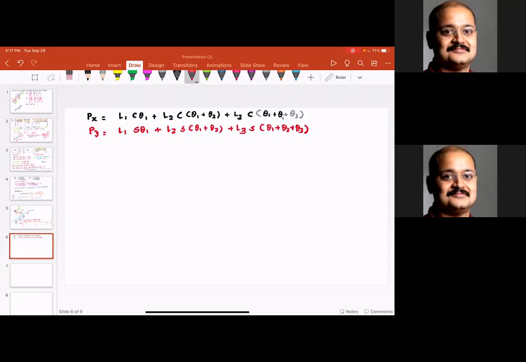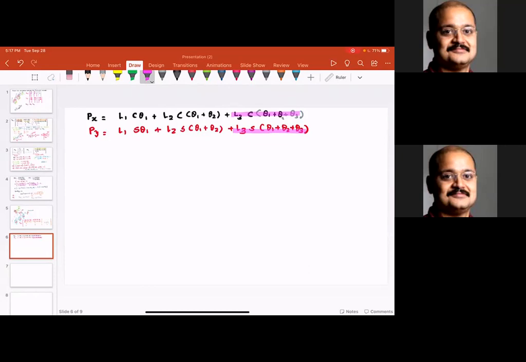Now, do you agree with me? In principle, this problem is similar to the problem that we solved earlier, except for the fact that we got this additional term over here. Do you agree with me?